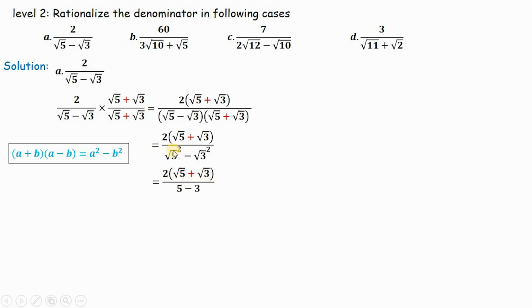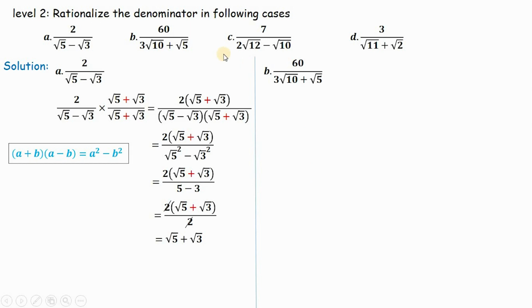So square and root get cancelled over here. You will get 5 minus 3, and 5 minus 3 is 2. Therefore here 2 and 2 get cancelled. So the answer you get is square root of 5 plus square root of 3. Here denominator is 1. So the denominator is a rational number. Therefore, we have rationalized the first question. And this is our required answer.